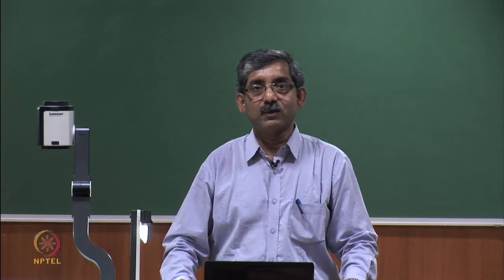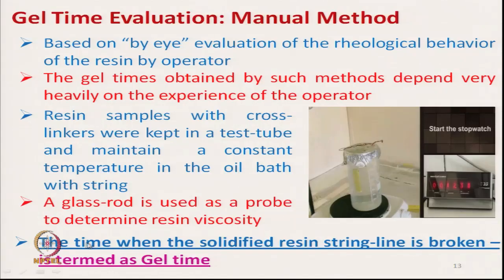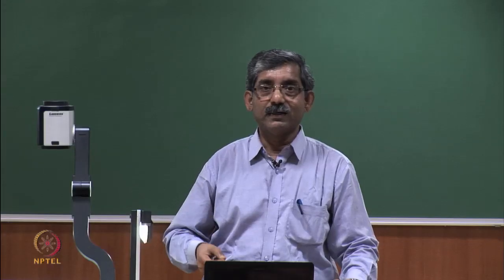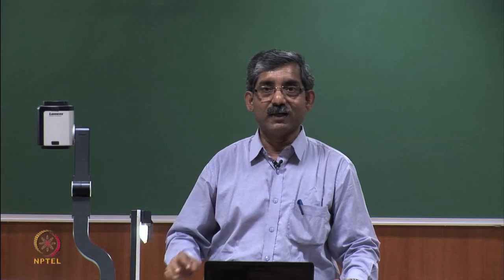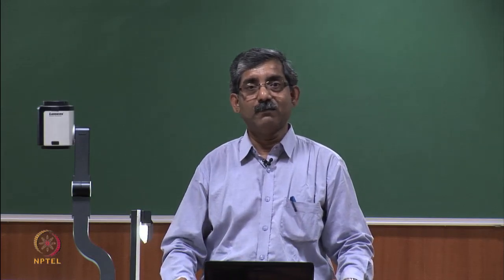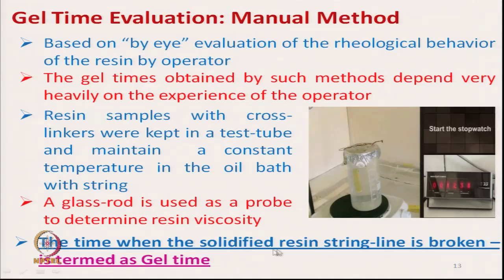The stirring is done by a glass rod. A glass rod is used as a probe to determine the resin viscosity. So it is stirred with the glass rod, and as viscosity increases, there will be resin string formation, and the time when the solidified resin string line is broken is known as the gel time.